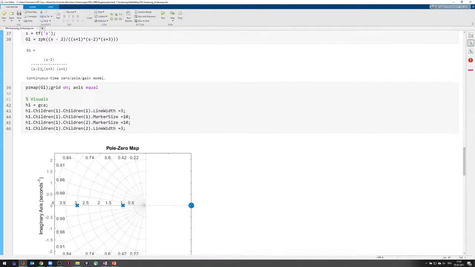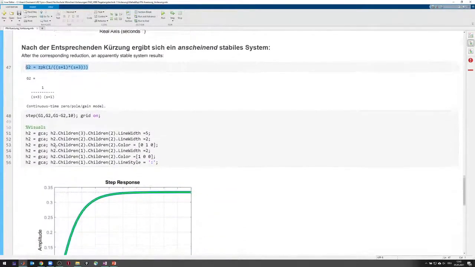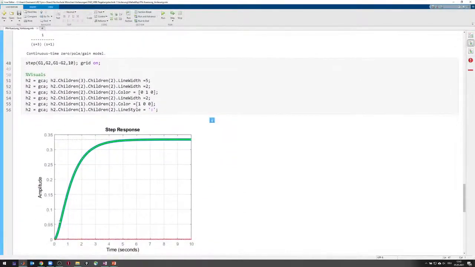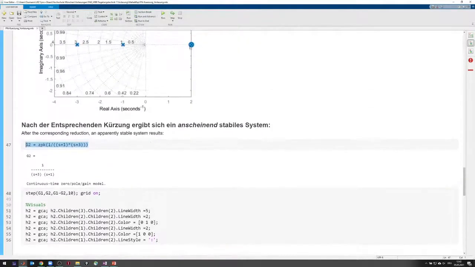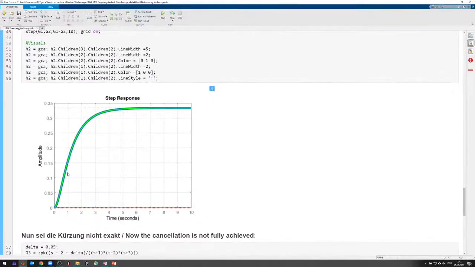What remains is the same PT2 system. If you now simulate it, it still looks the same, because it's the same thing as before. The cancellation happens on the right-hand side, but we are assuming we are hitting the cancellation exactly.